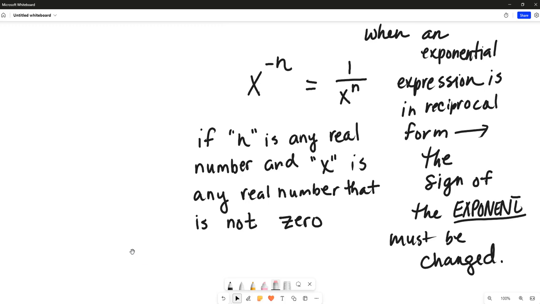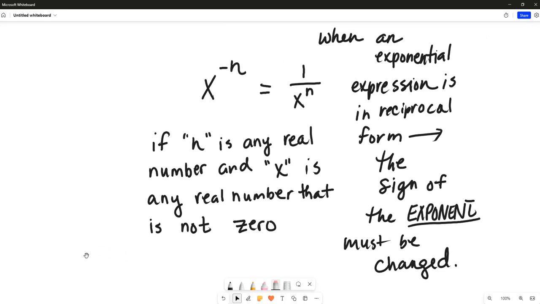So, the definition of a negative exponent, for example, x raised to the negative n power: by definition, if n, this exponent, is any real number and x is any real number that is not 0, then x to the negative n will equal 1 over x to the positive n.